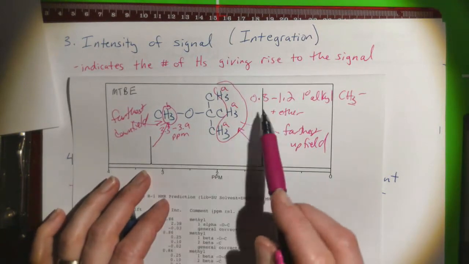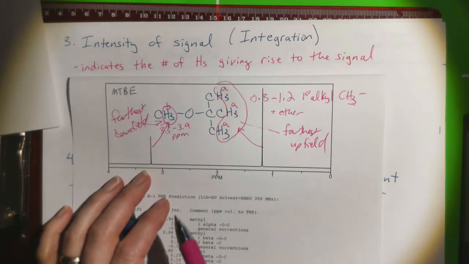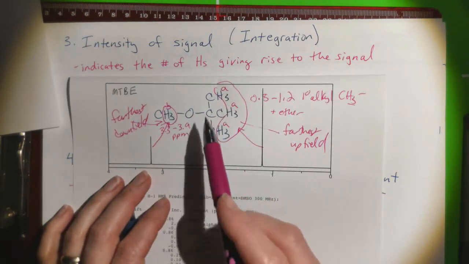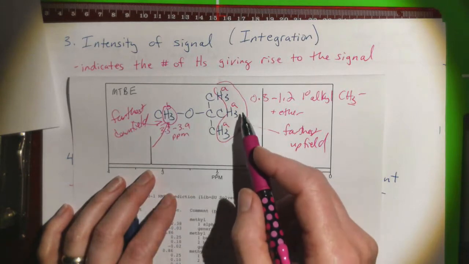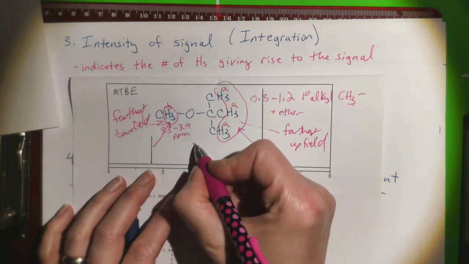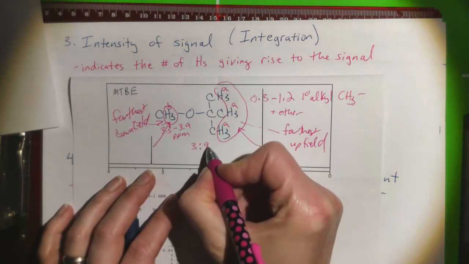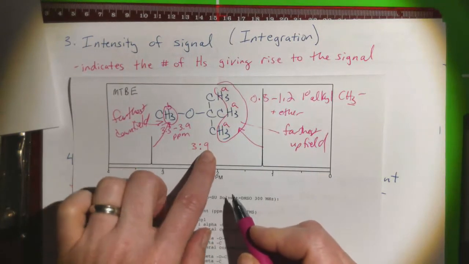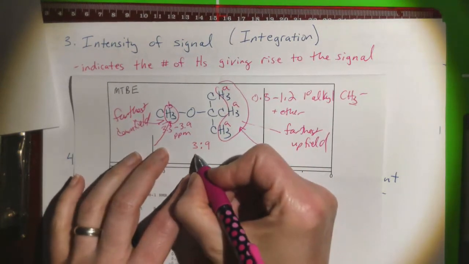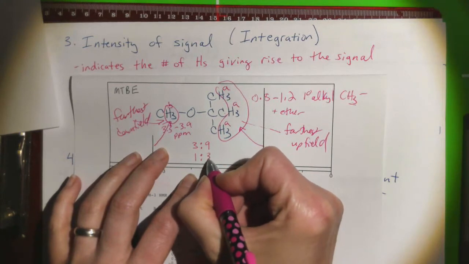I didn't write down the integrations for you, but since we know the structure here, if this is 3 to 9, so an integration of 3 to 9, this is divisible by 3, this is divisible by 3, so I could also write this as 1 to 3.